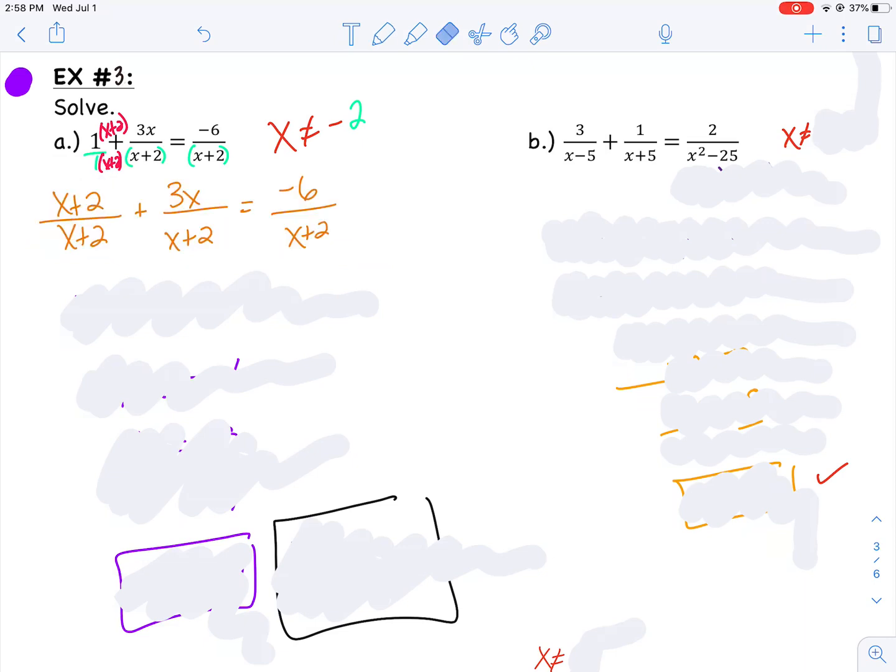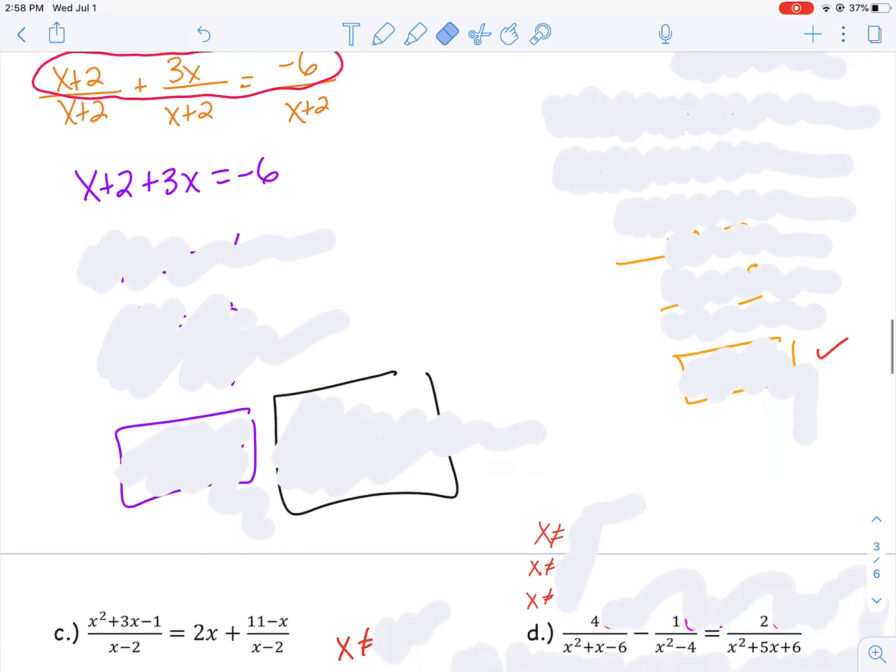That leaves me with this equation now. Since my denominators are the same, we can set those aside and just work with our numerators. So we now have a new equation: x plus 2 plus 3x equals negative 6. Because as soon as our denominators are equal, our tops should also be equal.